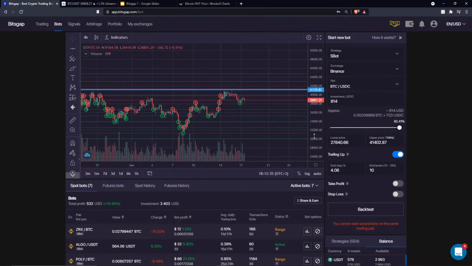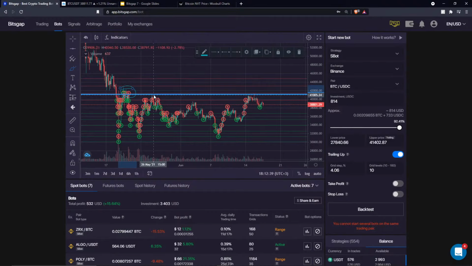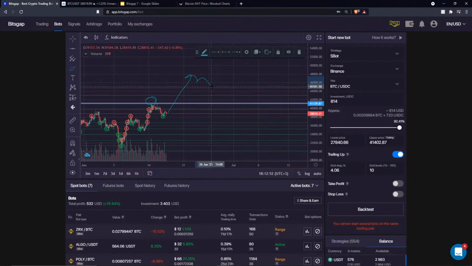It had several attempts to break it in this area, it pretty much touched it, and here you see it also touched it and then reverted. So the moment you see it breaching it and the price trading in this zone, it can possibly then drop again and then bounce off.